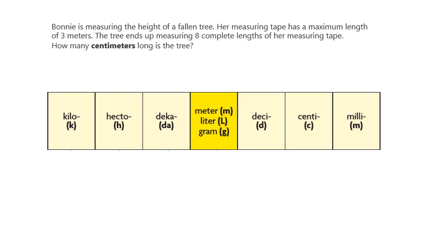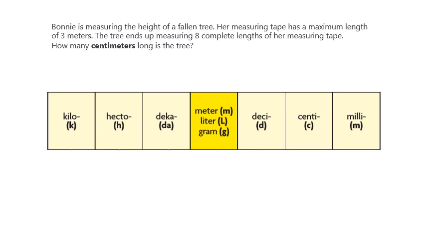Let's look at this question. Bunny is measuring the height of a fallen tree. Her measuring tape has a maximum length of 3 meters. The tree ends up measuring 8 complete lengths of her measuring tape. How many centimeters long is the tree? Well, if I look at this question, I see that it's a multi-step question.